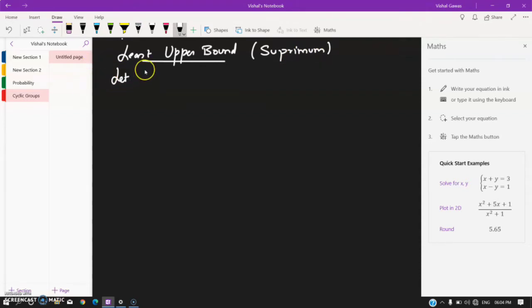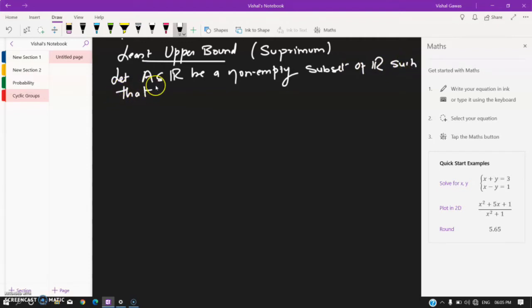So let A be a non-empty subset of R such that A is bounded above. It means there exists at least one upper bound.